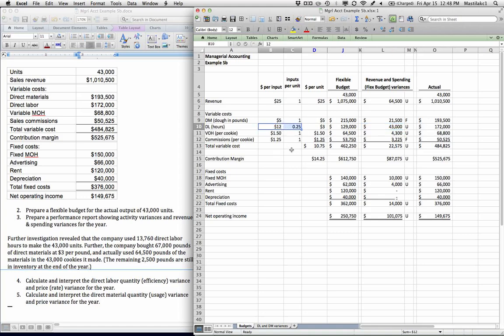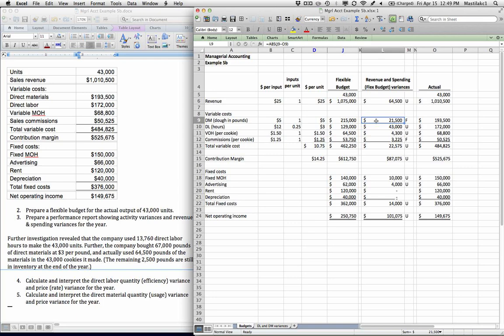The two possible answers to this question: either we paid more than $12 per labor hour, so that made our labor cost too high, or we used more than 0.25 hours, more than 15 minutes per cookie. Either one of those, or both, must be true in order for us to have used more labor costs than we should have to make the same number of units.